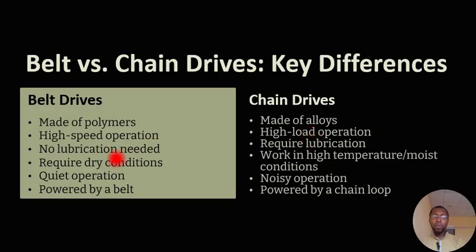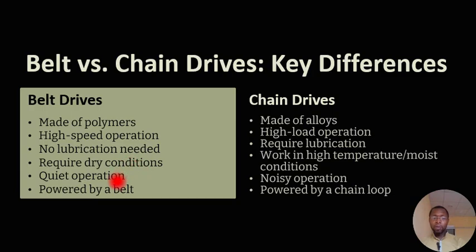Thirdly, the belt drive does not need lubrication, but the chain drive requires lubrication for it not to break down. The belt drive requires a dry condition, a place that is dry, but that of chain drive works in high temperature, okay, or moist condition. You know, we talked about the belt drive having a limited temperature range, anything outside that it will break down.